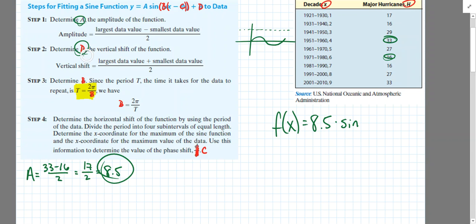The textbook suggests that we add the largest data value and the smallest data value and divide by 2. So our vertical shift d would be 33 plus 16 divided by 2. So that's 49 divided by 2, and that's 24.5.